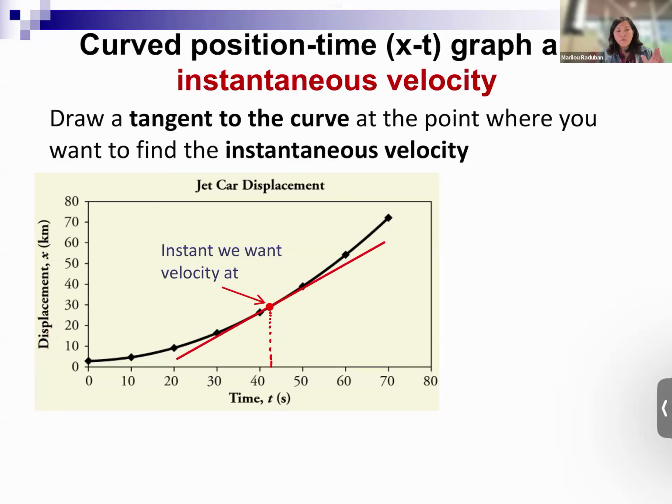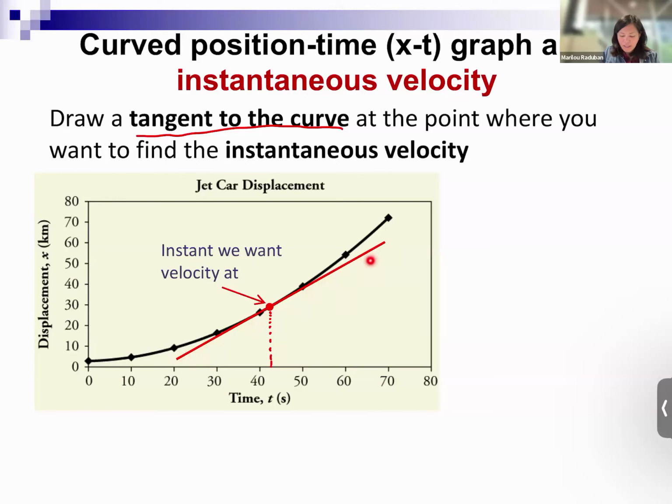For any calculation using motion graphs, you will always calculate the slope. If given a displacement versus time graph, to get the velocity, you will always calculate the slope. And as you've seen in the previous slides, to find the slope, you'll need 2 points along a straight line. So what you need to do is draw a line that's tangent to the curve.